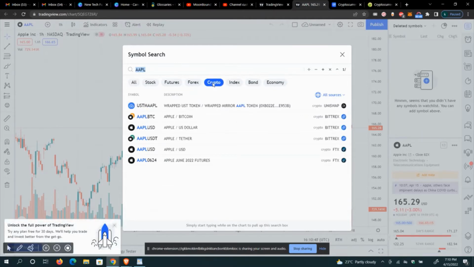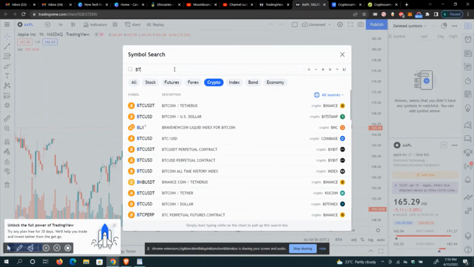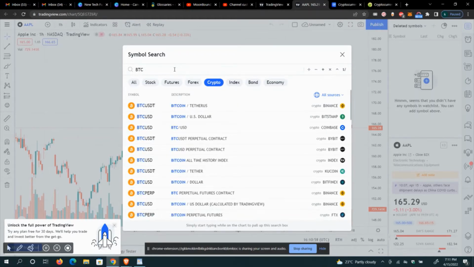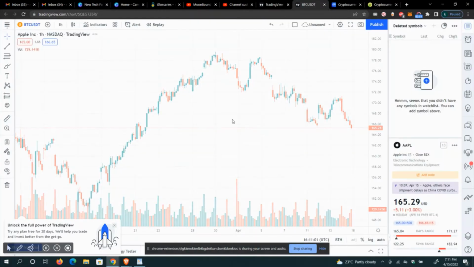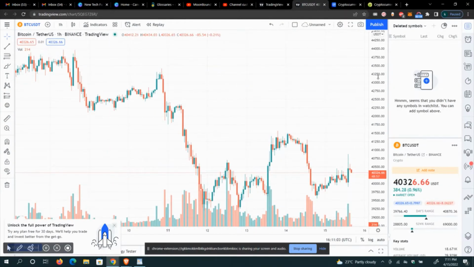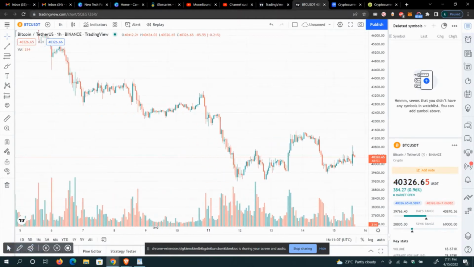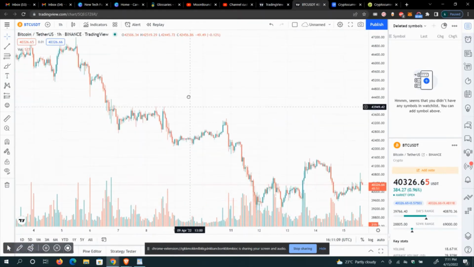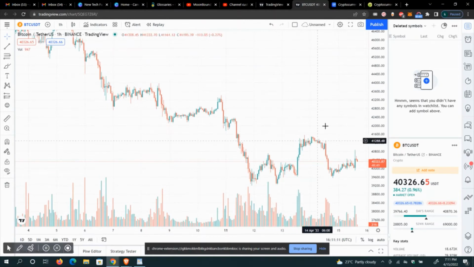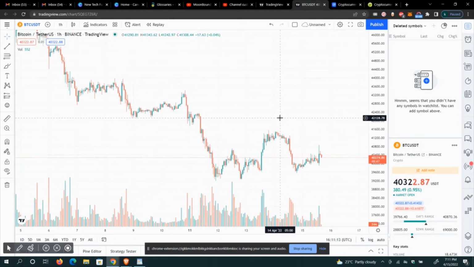Now, once we get into the cryptocurrency, we need to choose a currency pair. So let's just use the mother of all coins, which is BTC, Bitcoin, against USDT. That is what we're going to be using and talking about today. Now this is how the chart tends to appear. As you can see, this is a typical BTC chart on TradingView.